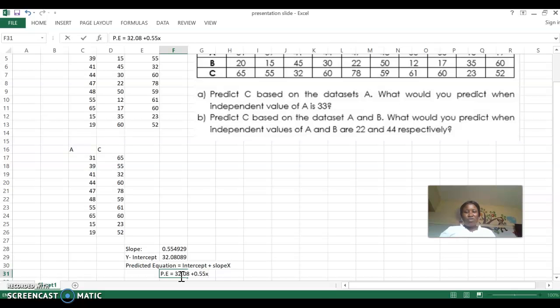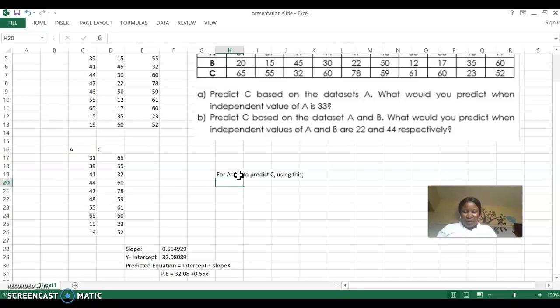The next thing I'm going to do is predict C when the data set A is 33. For A equals 33, to predict C, I'm going to use this formula below.